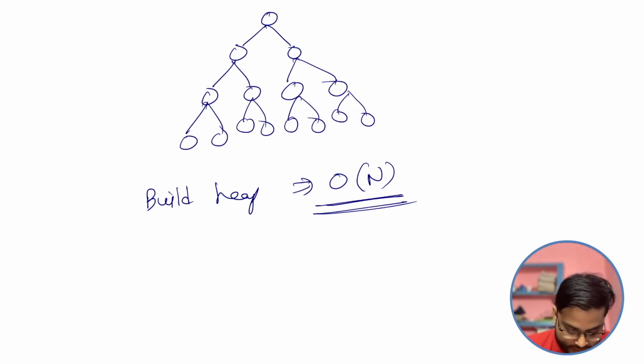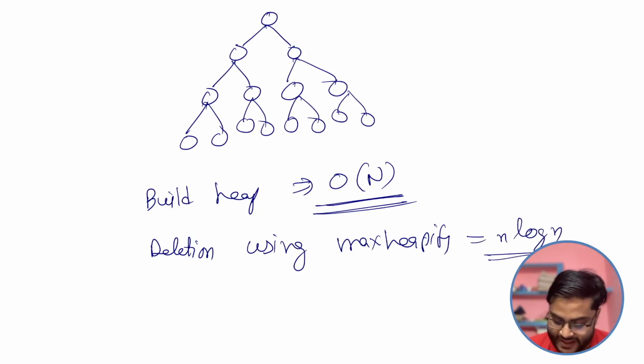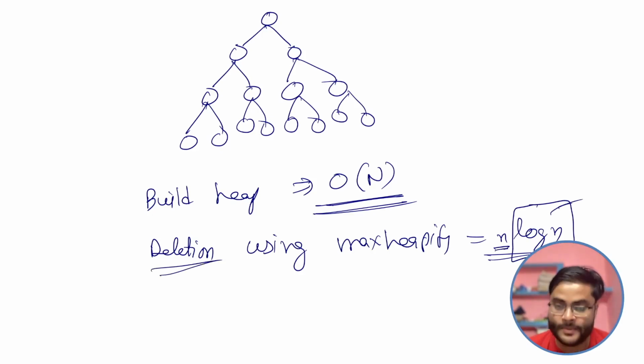So deletion using max heapify will take n log n times for n elements. We have discussed heapify takes log n times, right? Now in deletion, we will delete n elements, so it will take n log n times.